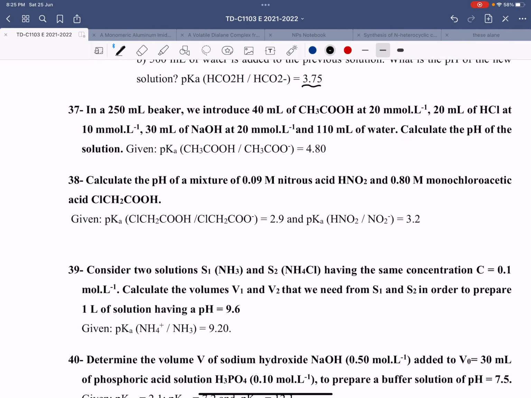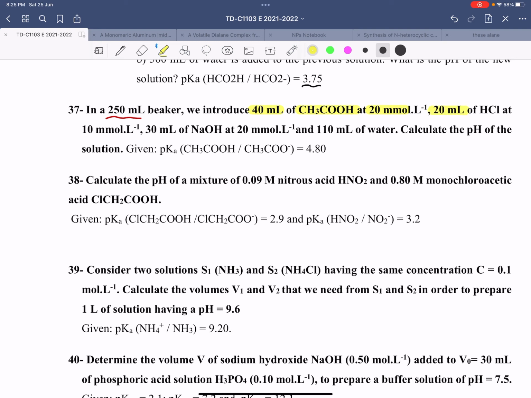And number 37, in a 250 milliliter beaker, we introduce 40 ml of 20 millimole per liter CH3COOH. So the number of moles is basically 8.